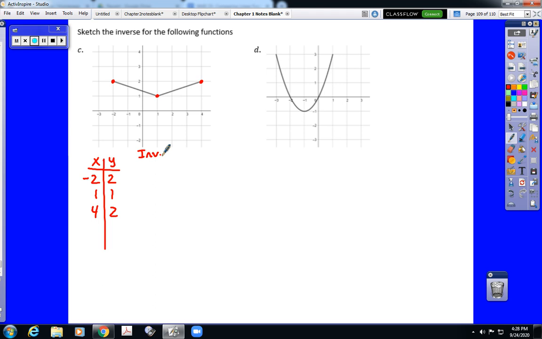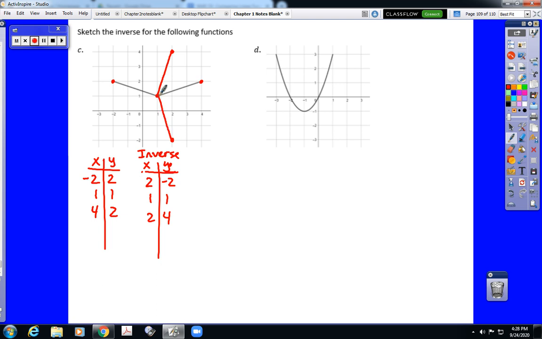And then the inverse, all we're doing is switching those. So that'd be 2, -2, 1, 1, 2, 4. That, when we connect them, is the inverse function.